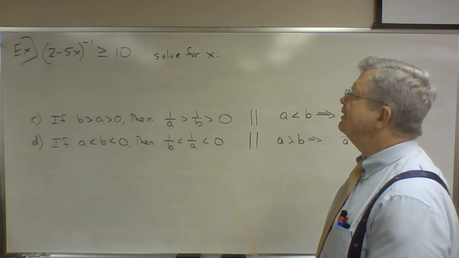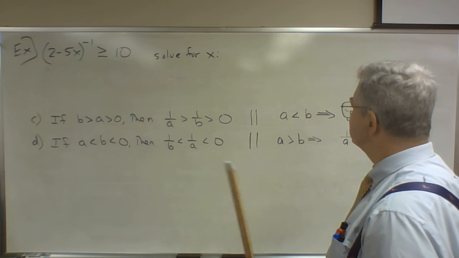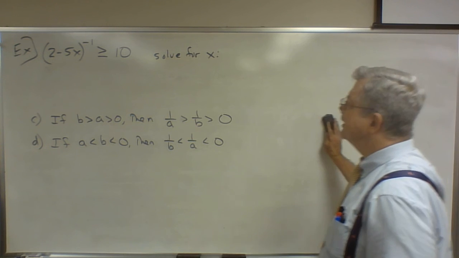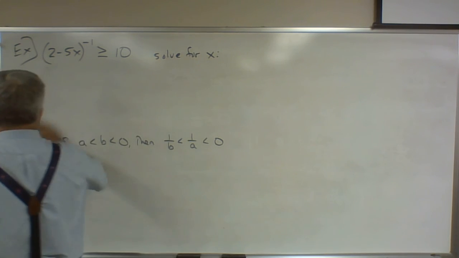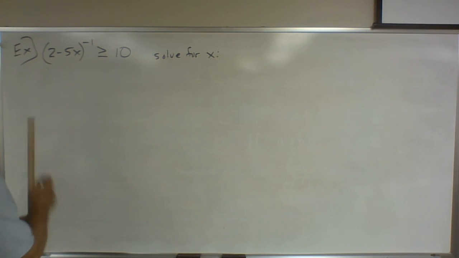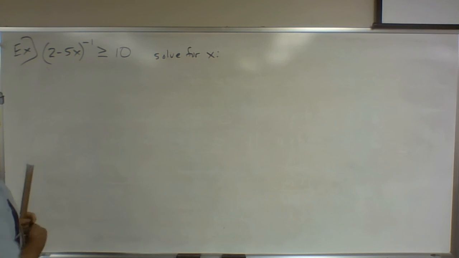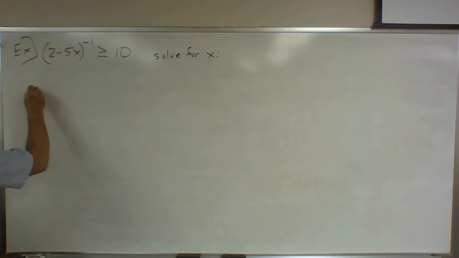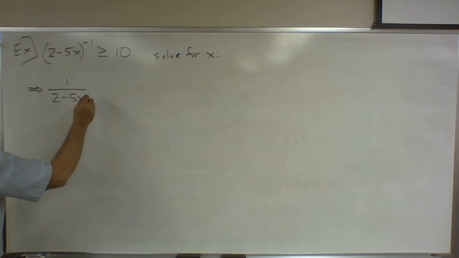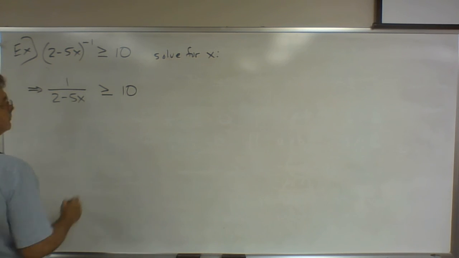Okay, let's apply this to an exercise we have in our book. What does it mean when something is raised to the -1 power? Isn't that the same thing as 1 over that thing? Okay, so we have a reciprocal.